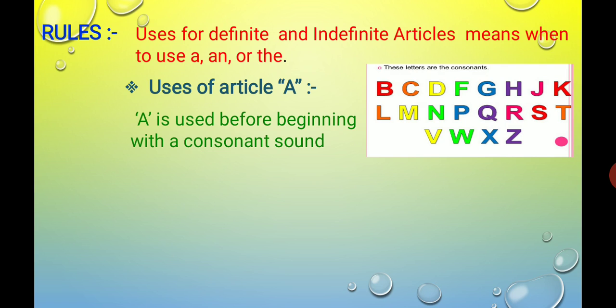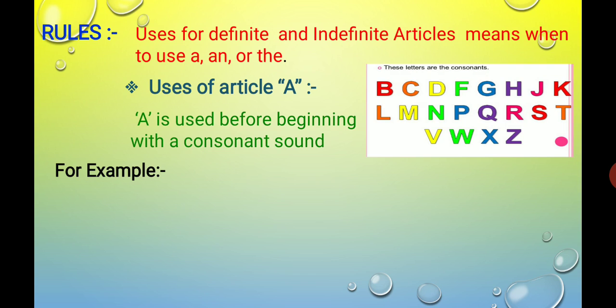There are a total of 21 consonants in our English alphabet. Which are they? B, C, D, F, G, H, J, K, L, M, N, P, Q, R, S, T, V, W, X and Z. These are the consonants, and what is the rule? A is used before a word beginning with a consonant. It means that if any word begins with one of these 21 letters, then we will use A.